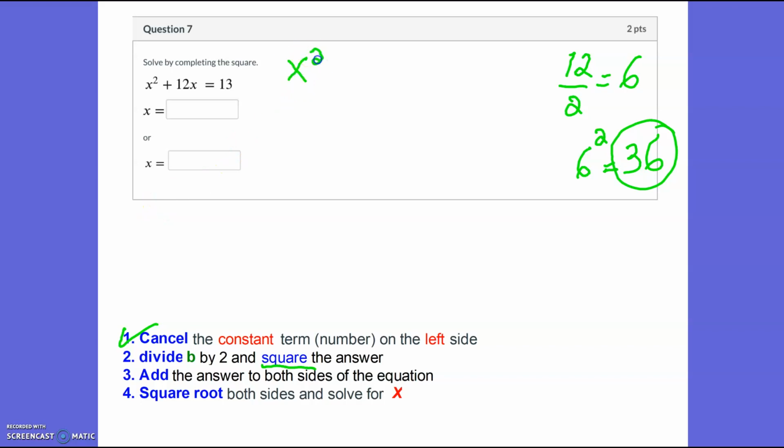So I have x squared plus 12x equals 13, and I'm going to add 36 to both sides.